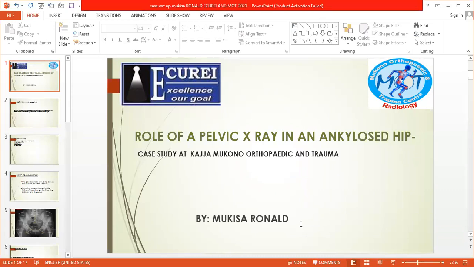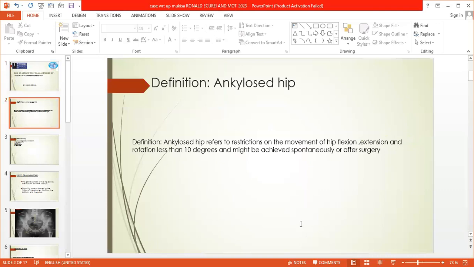Under our stats, an ankylosed hip simply means a condition where the hip joint becomes stiff and immobile due to fusion of some of the bones within the joint, as we are going to see in our anatomy.